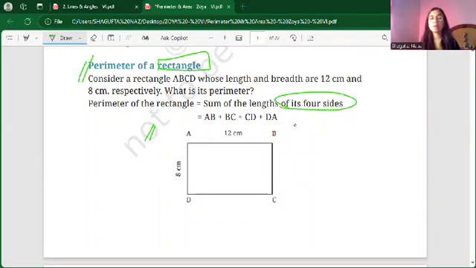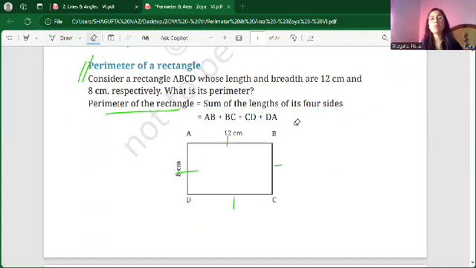So here we have points A, B, C, and D of a rectangular figure, with vertices or corners A, B, C, D. How can we find the perimeter, or the length of the boundary line, of this rectangle? The perimeter of this rectangle will be the sum of the lengths of its four sides: 1, 2, 3, 4 sides.